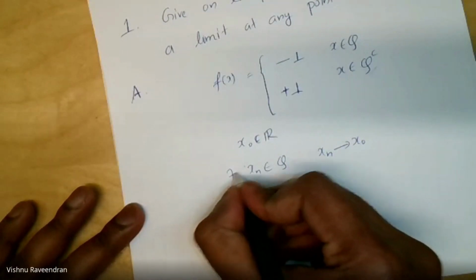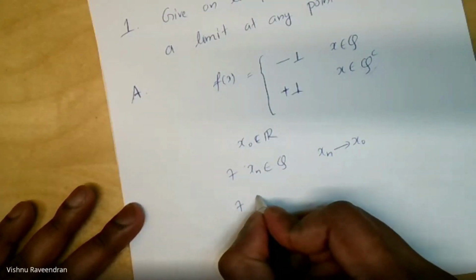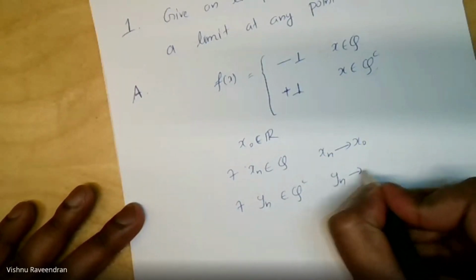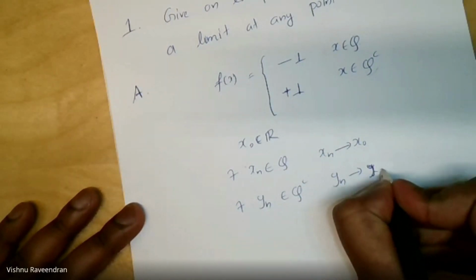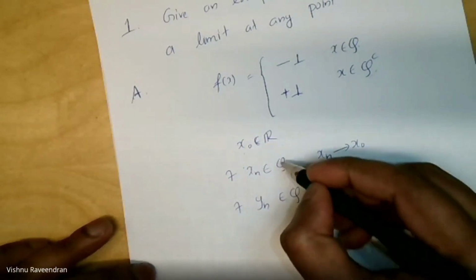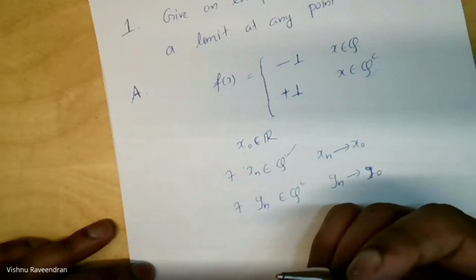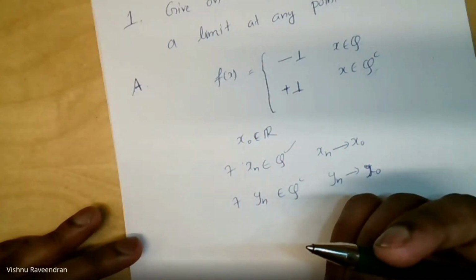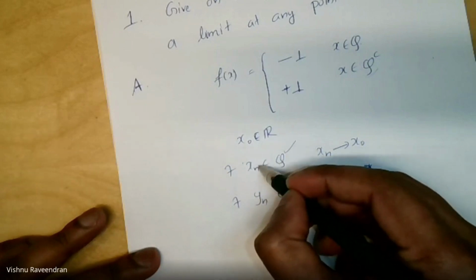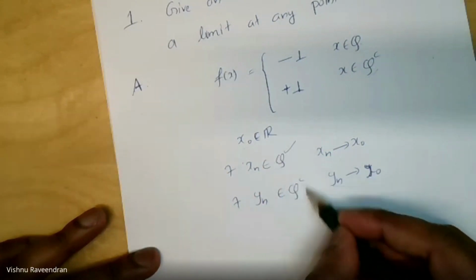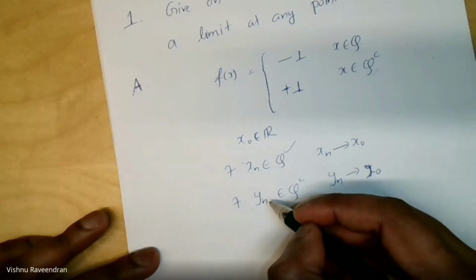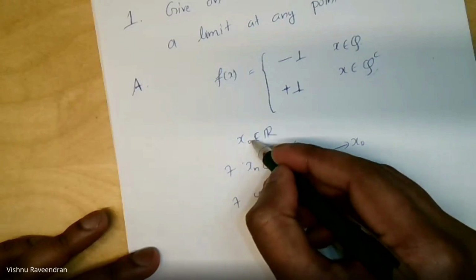Also, there exist yn irrational numbers such that yn converges to x naught, because x naught is a point in the real numbers, and you know the rational numbers are dense in the real numbers, so you can always come up with a sequence which converges to that point. Also the irrational numbers are dense in the real numbers, so you can find a sequence converging to x naught.